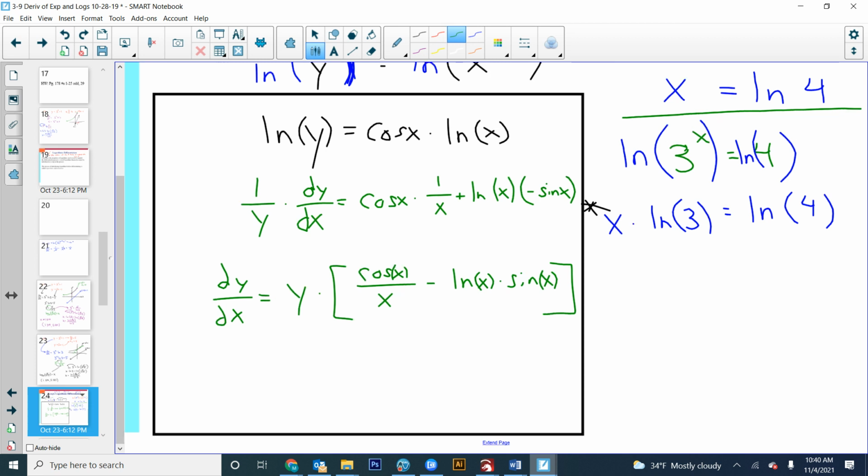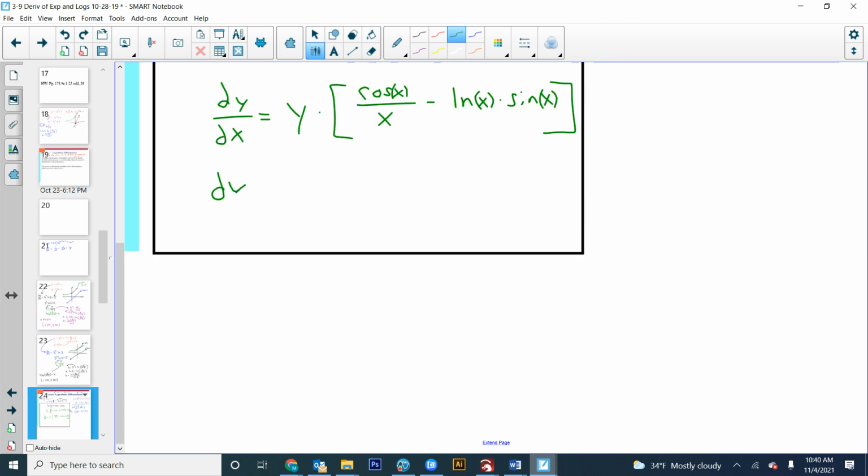And then we're going to write out a process to help you guys through this. So dy dx is x to the cosine x times, might as well make common denominators in here. It doesn't take much. Ready?